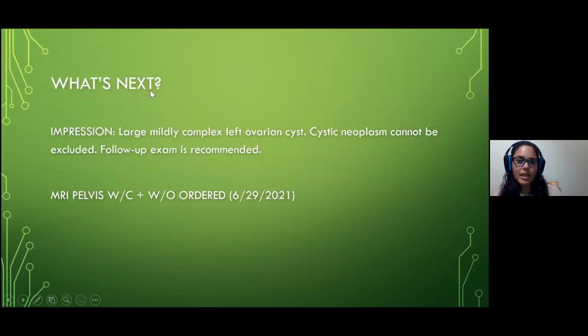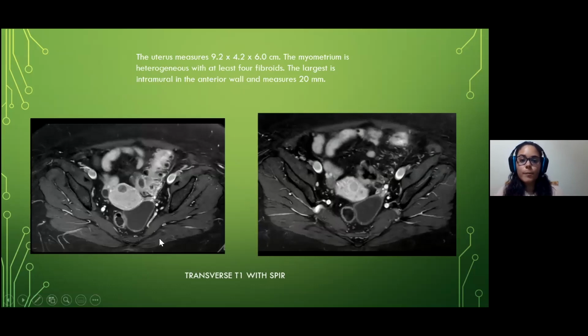So again, malignant transformation cannot be excluded. Follow-up exam is recommended. So her OBGYN actually ordered an MRI for her. MRI pelvis with and without contrast was ordered, and it was done on June 29. And these were the findings. So the uterus, it's right here.